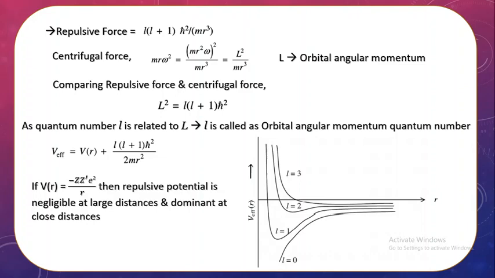So if L is going to increase, then L square again is going to increase. Based on that, if L is greater, the particle is lesser bound to the fixed point.